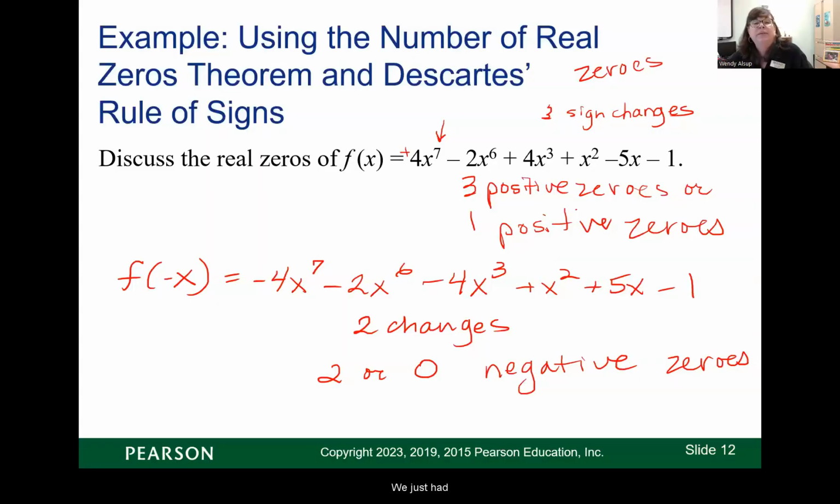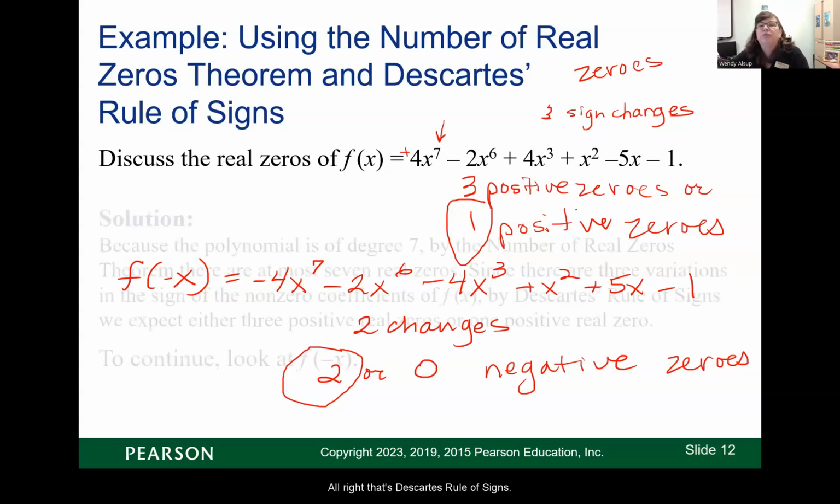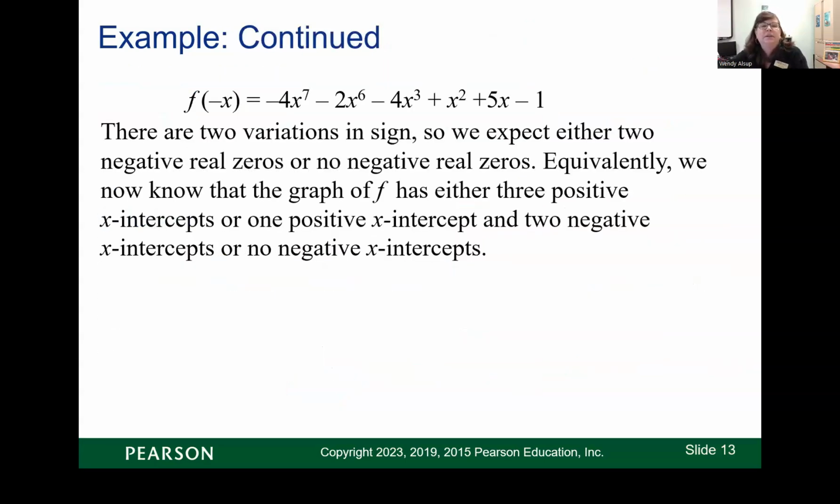We just had 1. And 2 or 0 negatives. I had 2, but it was 1 zero with multiplicity of 2. It touched it, and so it was just 2 of the same one. All right, that's Descartes' rules of signs.